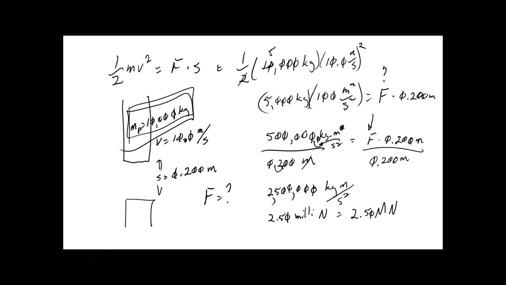But a lot of times with newtons you just use 2.50 million newtons. See how they write it in the book. How they get away with it here is 2.50 times 10 to the 6th newtons, because you move your decimal 1, 2, 3, 4, 5, 6 places, so it's 10 to the 6th newtons. Make sense?